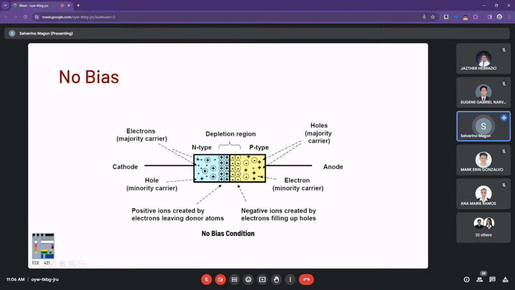You can think of this event as a case of overcrowding. This region gets filled up already with the charges, and no further movements can occur after the formation of such barriers.